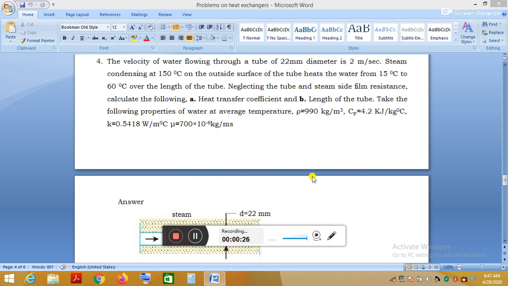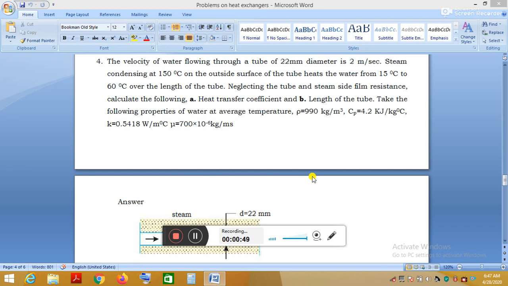That means some quantity of water is flowing through a tube which has a diameter of 22 mm, and the water is flowing with a velocity of 2 meter per second. The steam is condensing at 150 degrees Celsius on the outside surface of the tube.